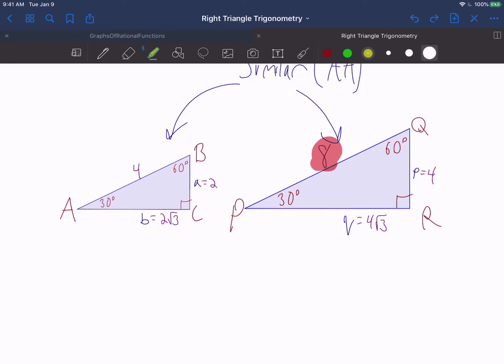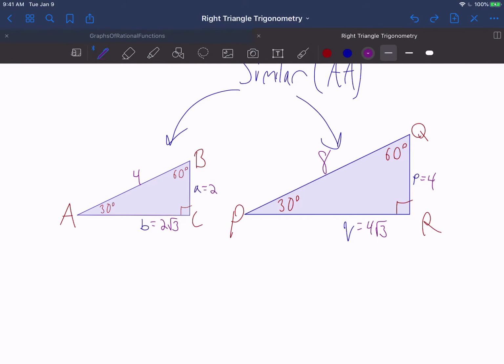But the other thing that you could do, and I've seen my students do this, is you could say, well, I know that the height is to the base of this triangle as the height is to the base of the other triangle, right? So if the height is to the base, it'd be 2 is to 2 over root 3, which equals 1 over root 3.